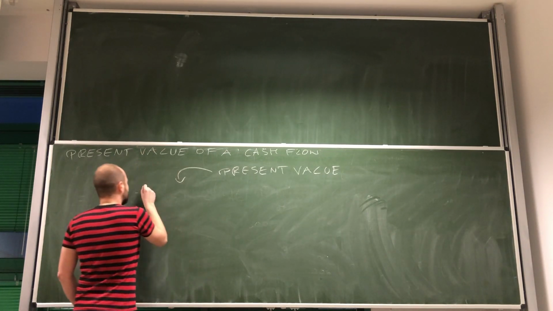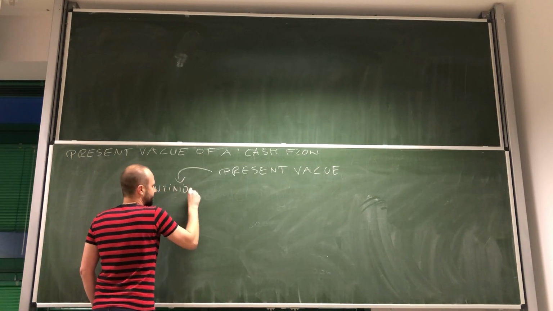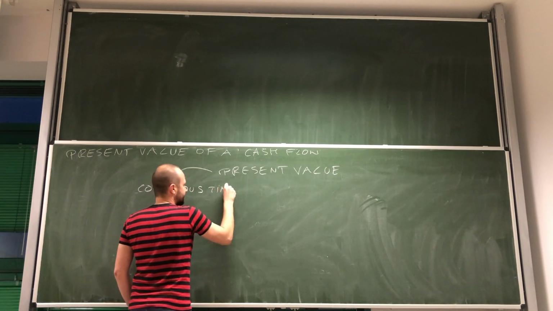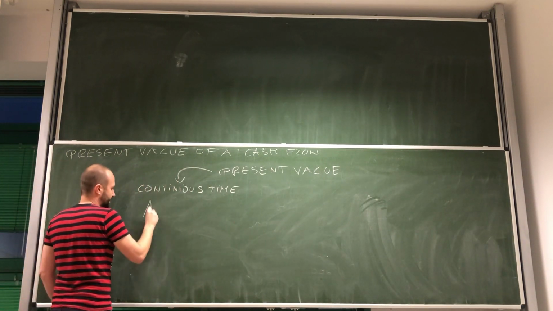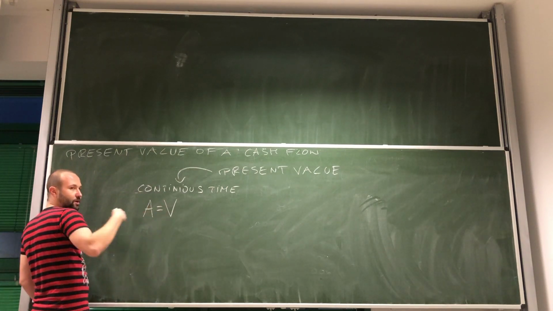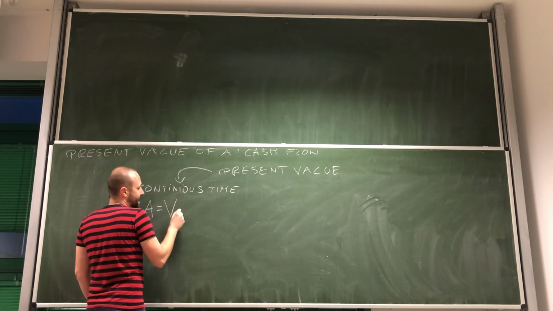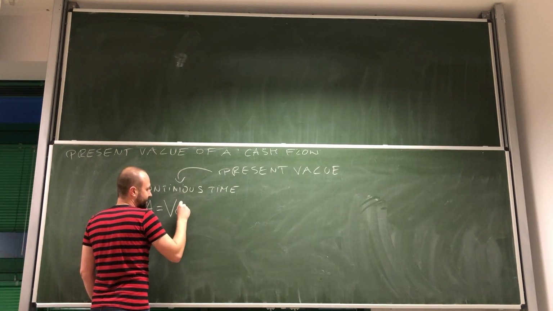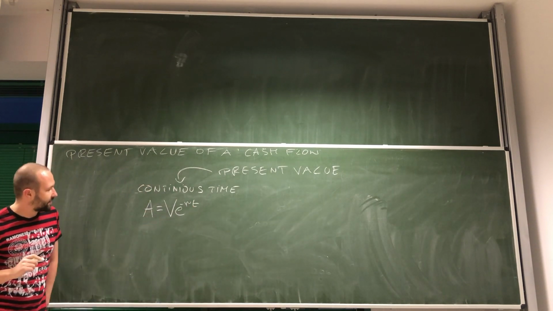On one hand, in continuous time, present value can be calculated as some amount of money we are receiving in the future times the discounting factor that takes into consideration the opportunity cost, right?